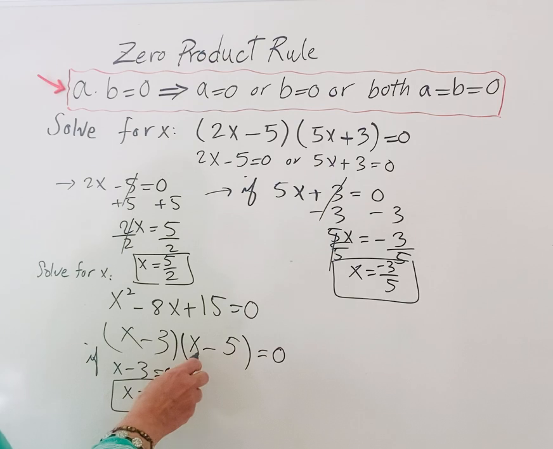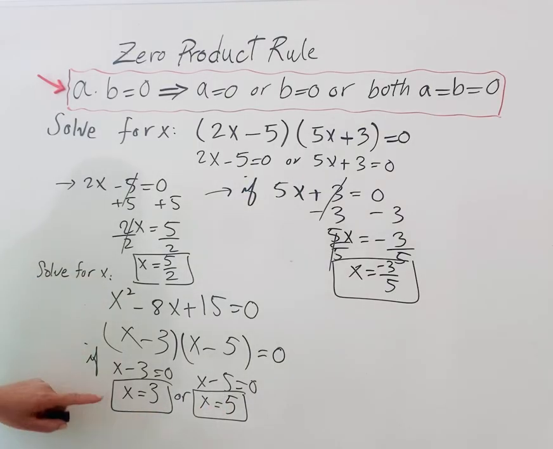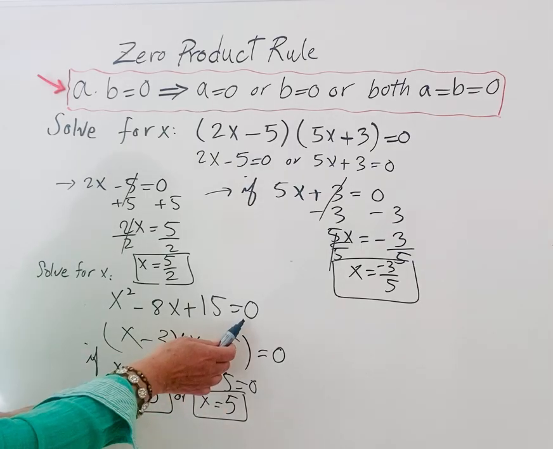One answer. If x minus 5 gets 0, 5 goes to the other side, gets positive, and we have x equals 5. Okay, so x can be 3 or 5 or both to get 0.